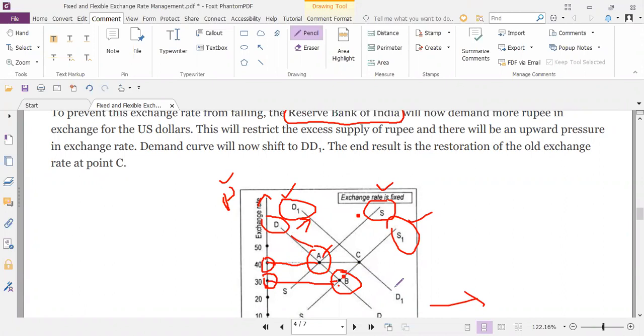We get a new demand curve, and the new supply curve will intersect with the new demand curve at point C. You can see we have come back to the original exchange rate. The end result is the restoration of the old exchange rate at point C.